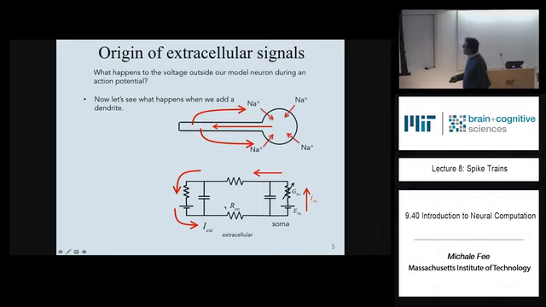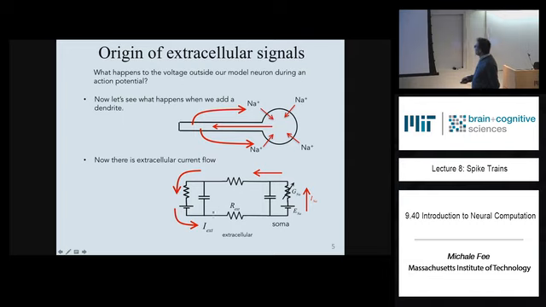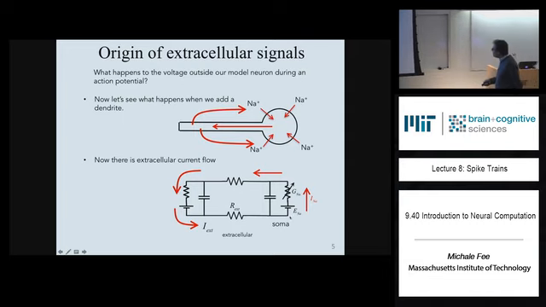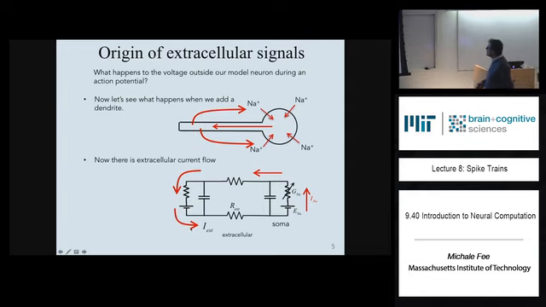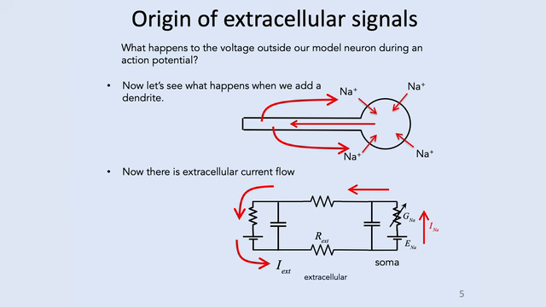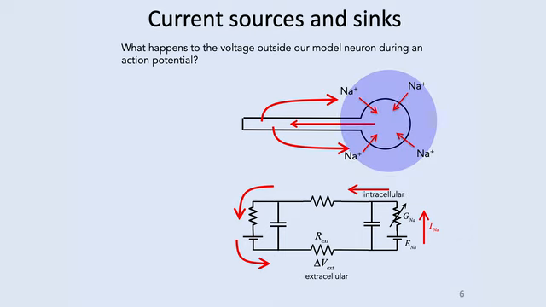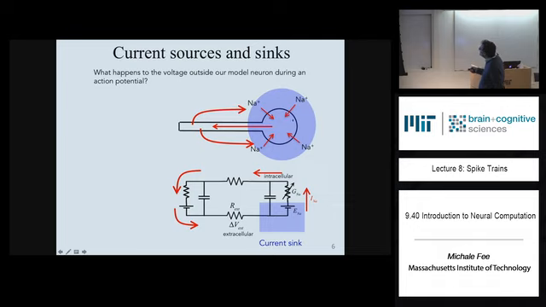And you can see that the voltage drop across this region of extracellular space will be proportional to this extracellular current times changes in extracellular voltage. Okay, so now we have a simple view that we have current flowing into the soma from a region around the soma.